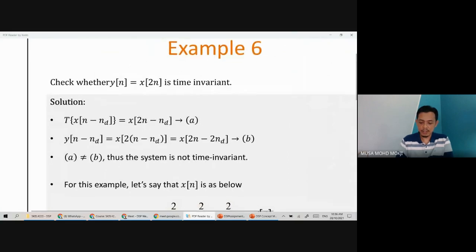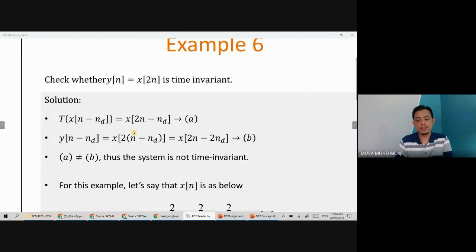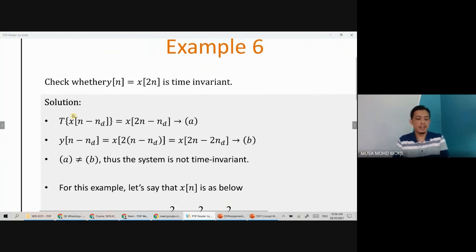So we're going to look at another example. This is a simpler example actually. y[n] equals x[2n]. We're going to check whether it is time invariant or time varying. To do the first test, whatever is inside the time bracket, minus with nd. So we have 2n, then you minus with nd. That's the first test.